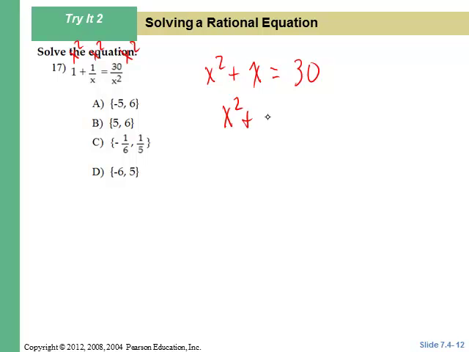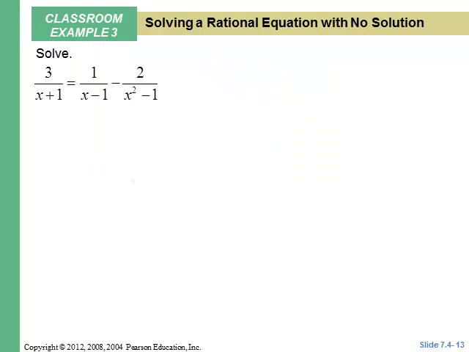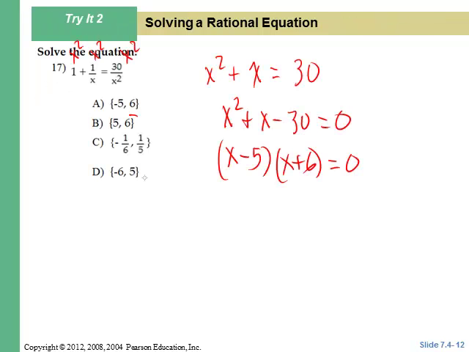X squared plus x minus 30 equals 0. X minus 5, x plus 6 equals 0. So x is either positive 5, or negative 6.